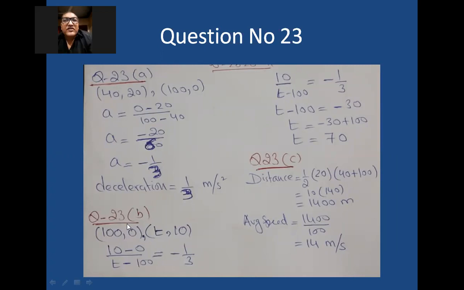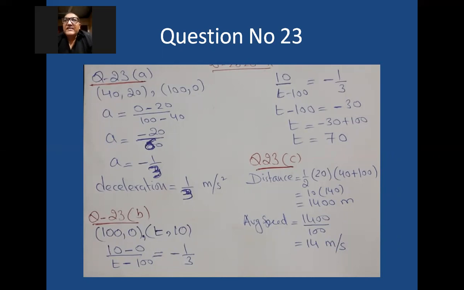Question number 23B part: I have taken 2 points, 100, 0 and t, 10. I will apply the formula y2 minus y1 divided by x2 minus x1. So it will be 10 minus 0 divided by t minus 100 equals the gradient, and I already know the gradient is minus 1 by 3.